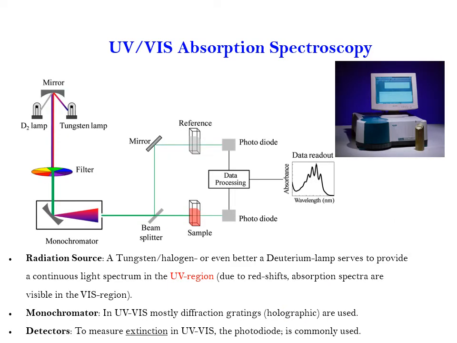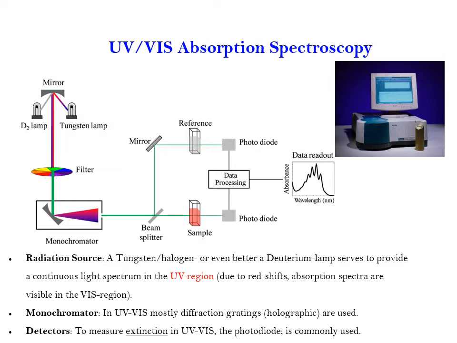So the principle of UV visible spectroscopy is based on the absorption of ultraviolet light or visible light by chemical compounds. This results in the production of distinct spectra, which is called absorption spectra.